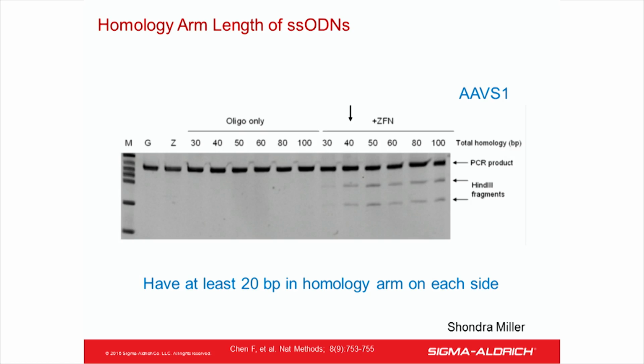If you look at how PCR works, oligos typically have to be about 18 base pairs or longer to work. So this is right in that range. So it looks like the chromosome needs at least 20 or so to prime onto the oligo and copy it in.